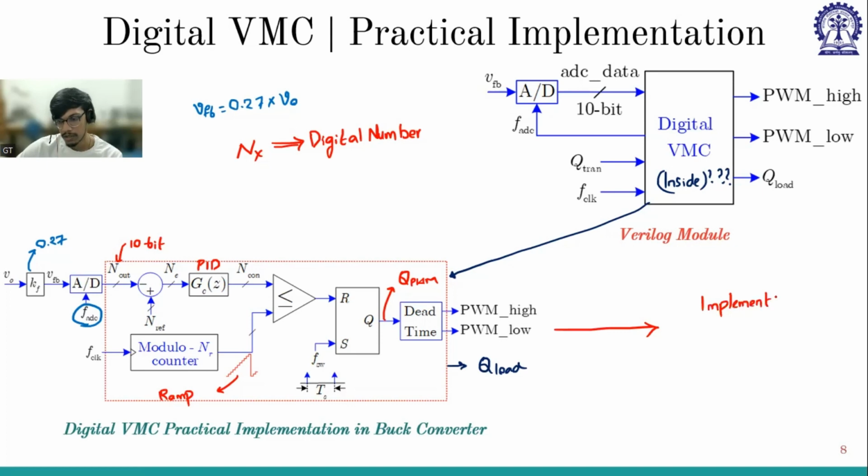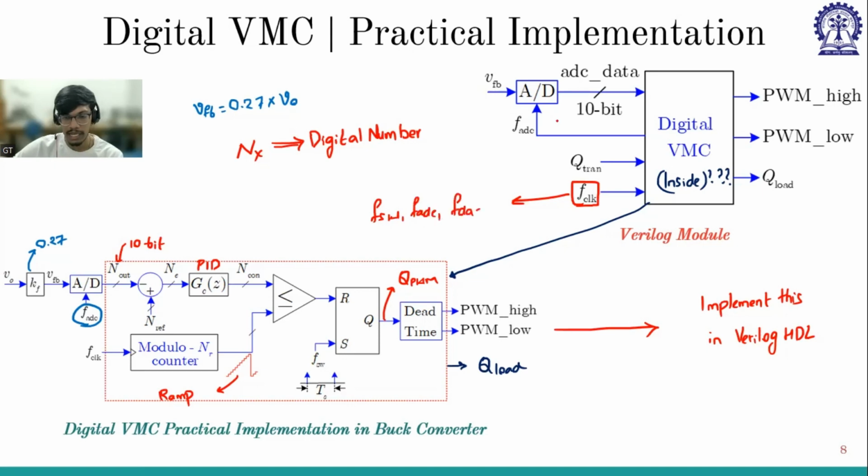Sir, this FADC comes from where? Our main clock, we have one clock, F clock. This F clock should generate FHW, FADC, FDAC.